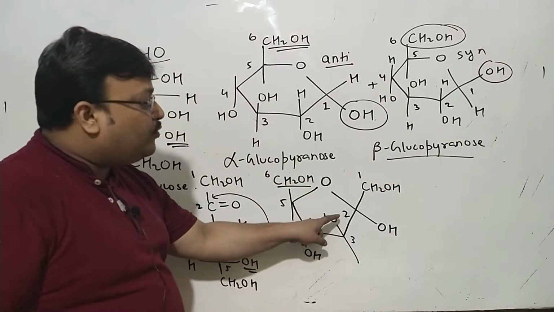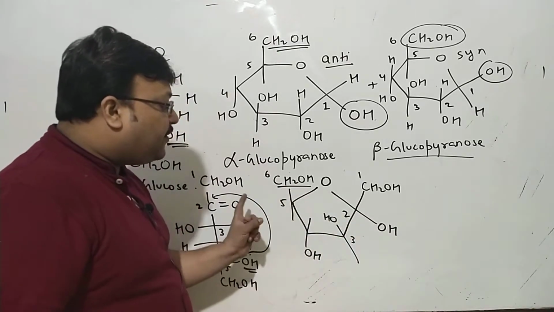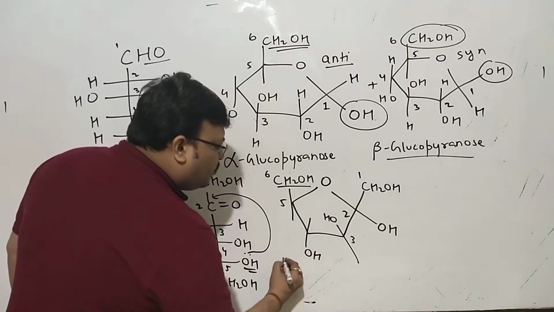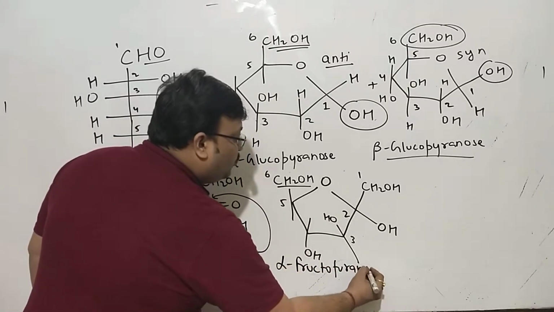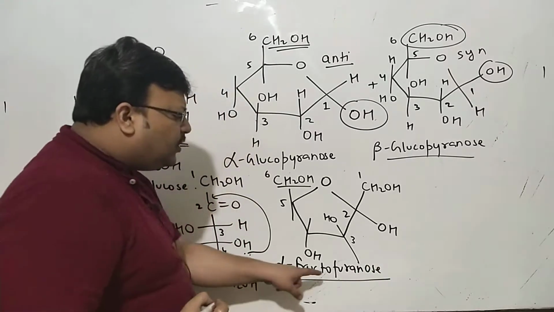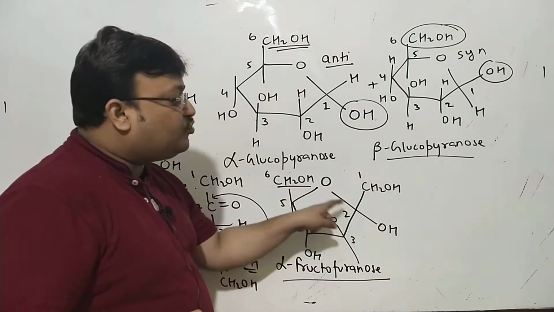So at carbon 2 it's anomeric. This time again, if these two are anti, you will call it the alpha form, alpha fructofuranose. Furanose because it's a 5 membered ring. Alpha because these two are anti.